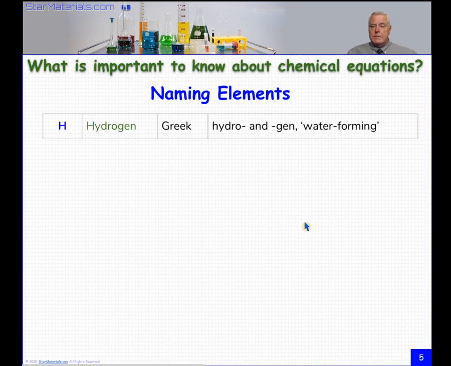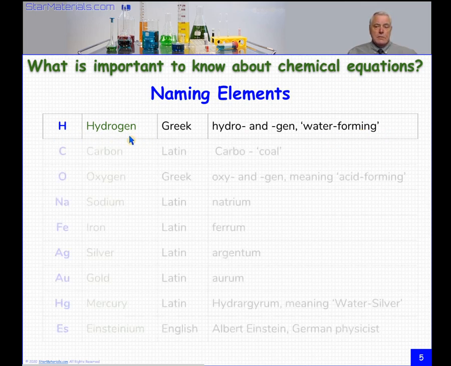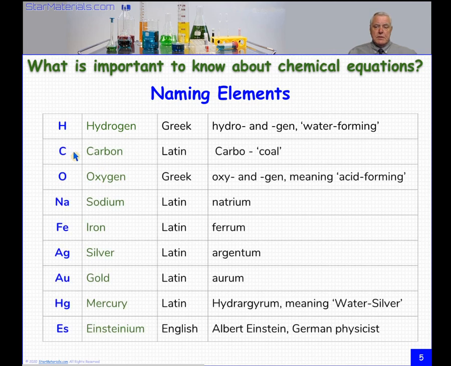Naming the elements. H, hydrogen, was Greek for hydro and gen, water forming. Now, that came out of water. Here are some other ones: C for carbon, O for oxygen. Then how does sodium get Na? Well, the Latin name for sodium is natrium, Na.